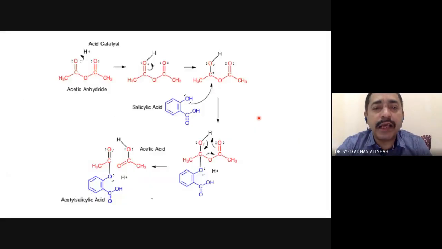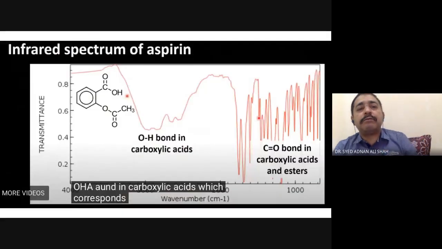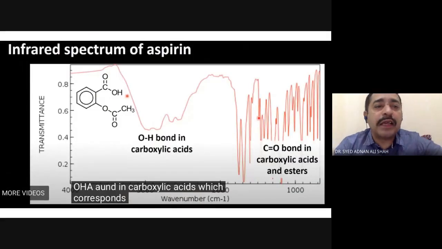The second method is spectroscopy, which is infrared. This is a spectroscopic technique which tells us what functional groups are present in a molecule, meaning carboxylic acid, hydroxyl group, or any aromatic ring.